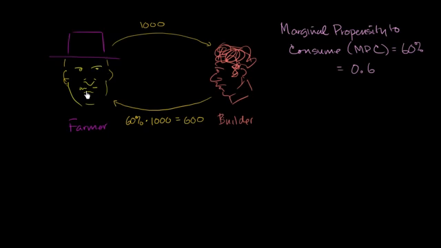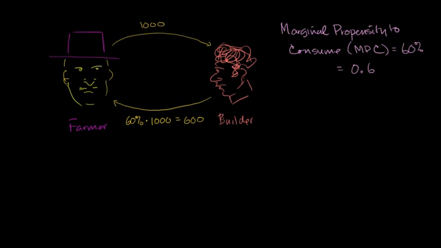Well, now the farmer says, I got above and beyond the $1,000 that I just spent. Somehow, the economy seems to be picking up. The builder just spent $600 more on me than he would have otherwise done. He bought that much more food. I have $600 more, and I have a marginal propensity to consume of 0.6, or 60%. So I will spend 60% of that $600 that I just got.